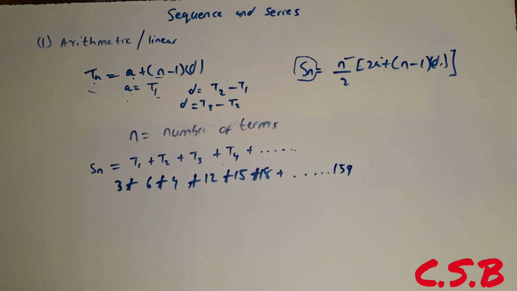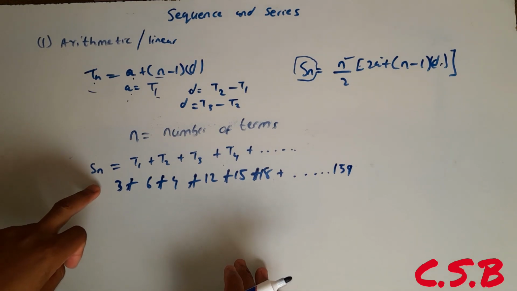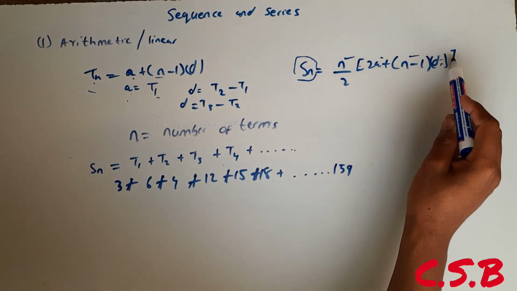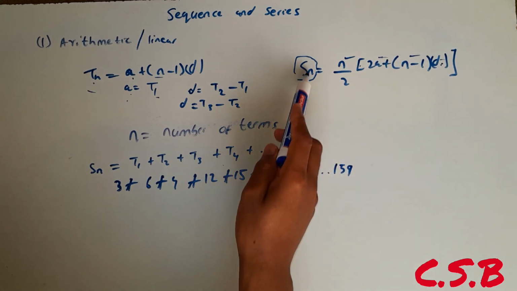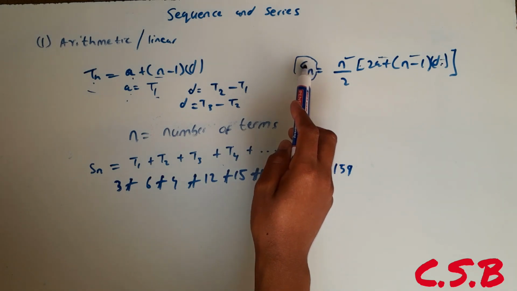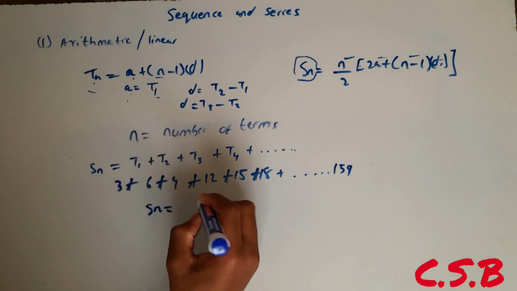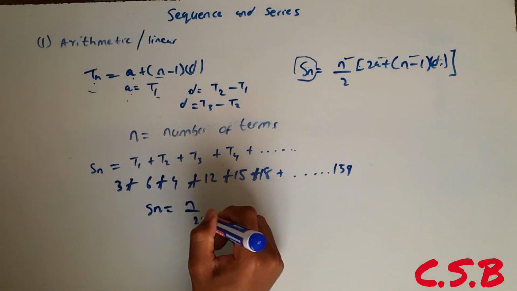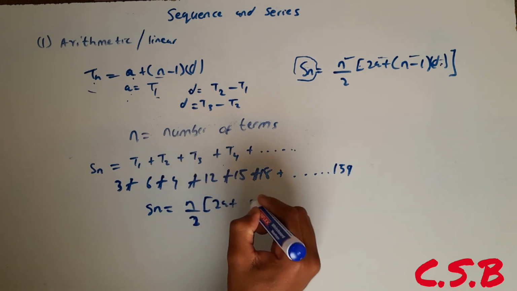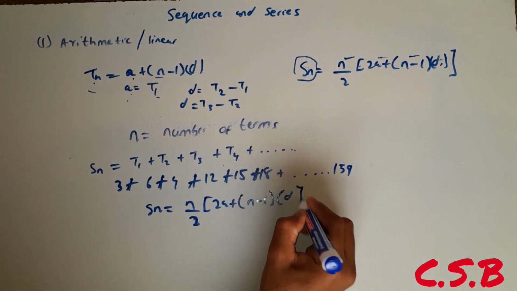Let's find the number of terms first, so we can get our sum, because we need to get this n and this d and this a, so we can find the sum if we use this formula. We cannot just use it, because we will have two unknowns by that time. Take a look at this, 2a plus (n minus 1) d.